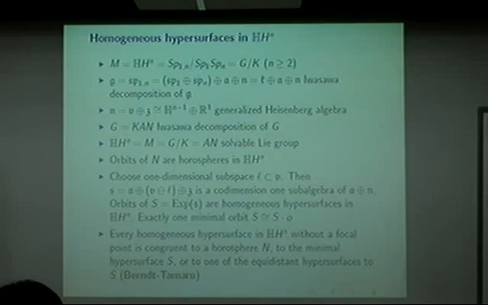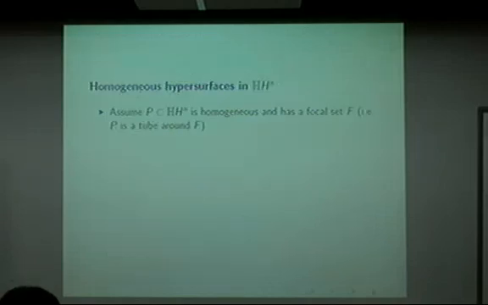So the remaining question is, what about homogeneous hypersurfaces which have focal points? We know there are some, like the tubes around quaternionic hyperbolic subspaces. These quaternionic hyperbolic subspaces are focal sets. So we know there are some. But how do we get all of them?